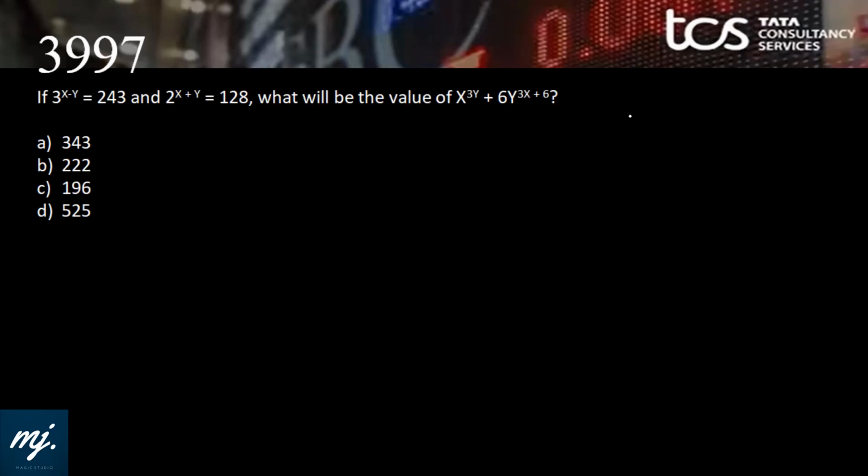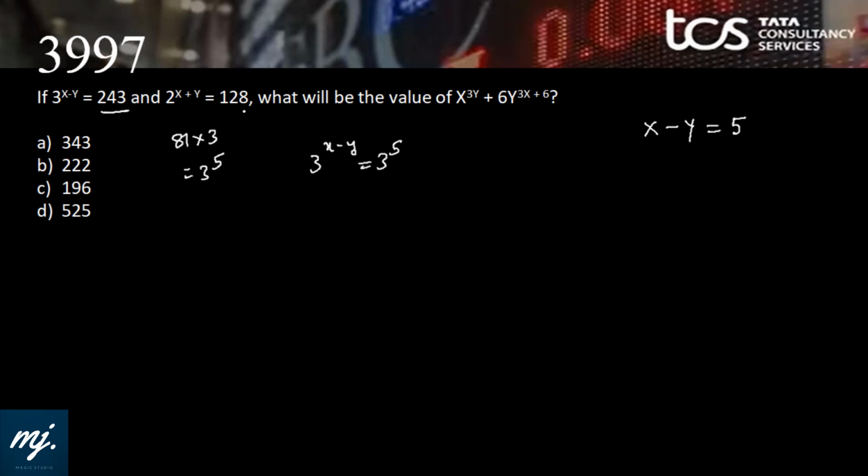Okay, another one from indices, same like. 243 is 81 into 3, 81 is 3 to the power 4, that is 3 to the power 5. So 3 to the power x minus y is 3 to the power 5. We have x minus y equals 5. Done.